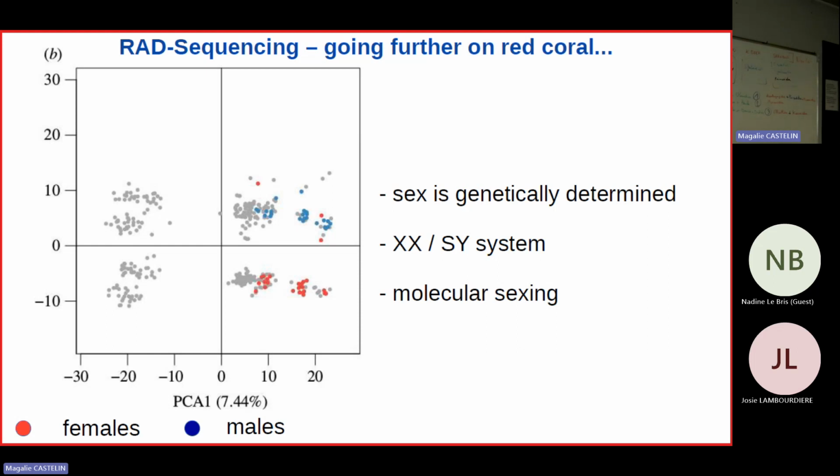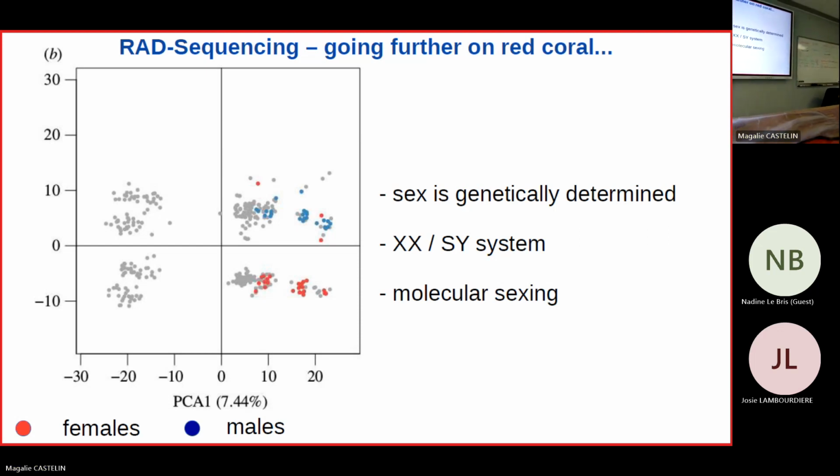And when she did that, she saw that for all sampling sites, the data set was separated into almost two equal parts. So the first time it was a bit strange.